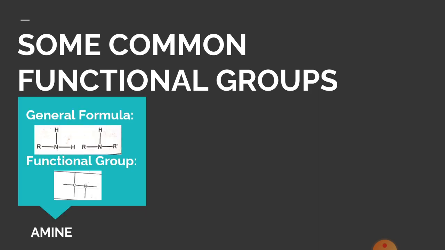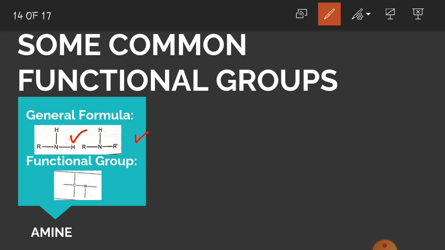Amines are another family of organic compounds. The general formula for amine may be represented like this or like this. In the first case, the nitrogen atom is attached to one alkyl group, and in the second case, the nitrogen atom is attached to 2 alkyl groups.